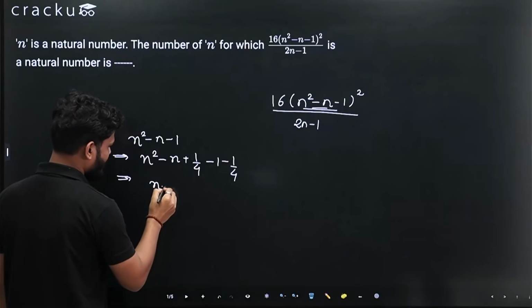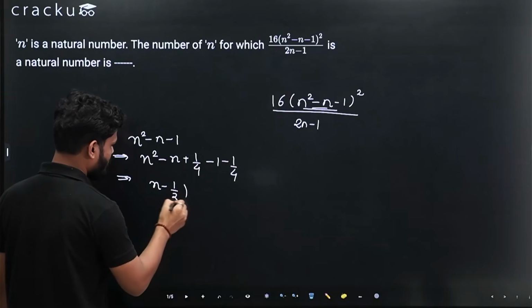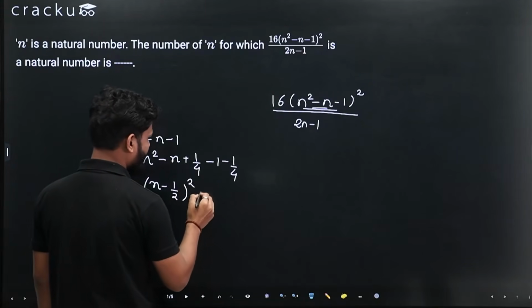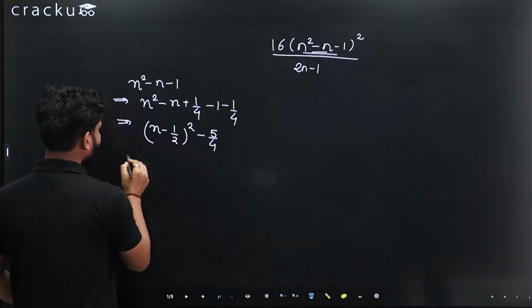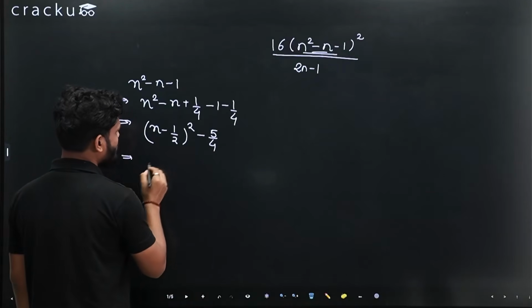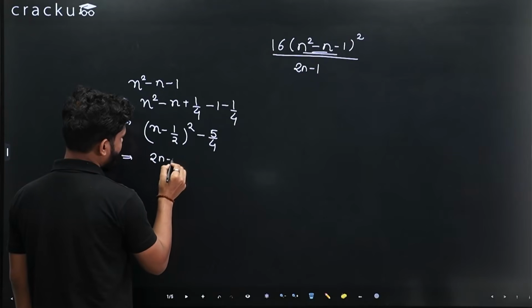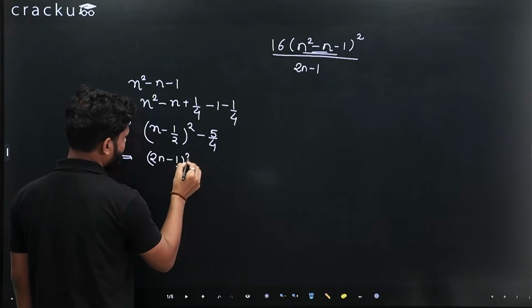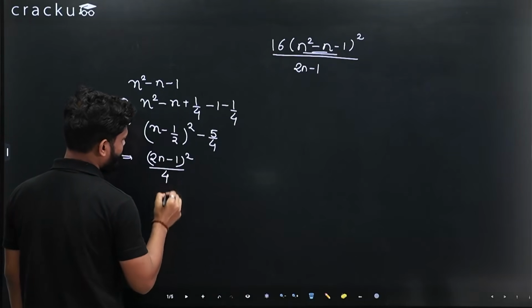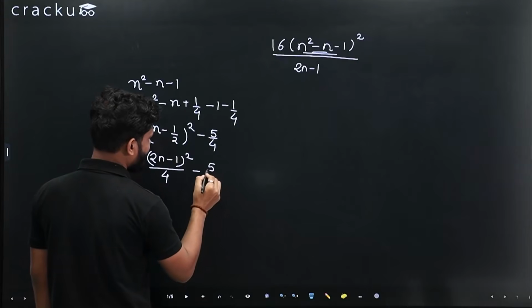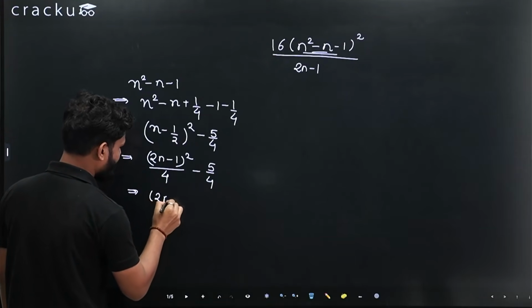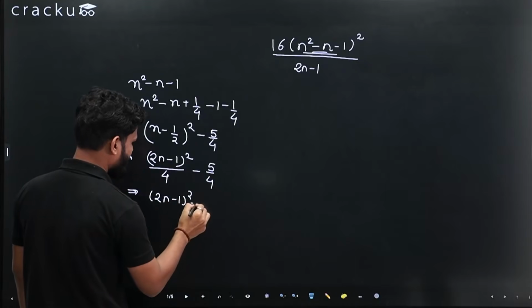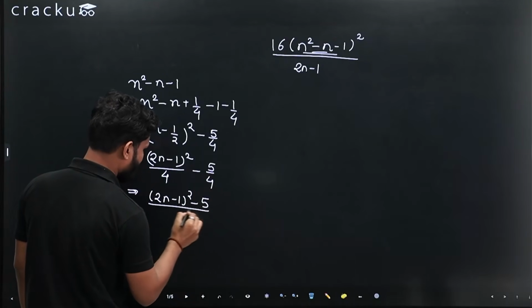This is nothing but n minus 1 by 2 whole square, and this is minus 5 by 4. Now what is n minus 1 by 2 whole square? It is 2n minus 1 whole square divided by 4, and this is minus 5 by 4. And this is what? This is 2n minus 1 square minus 5 divided by 4.